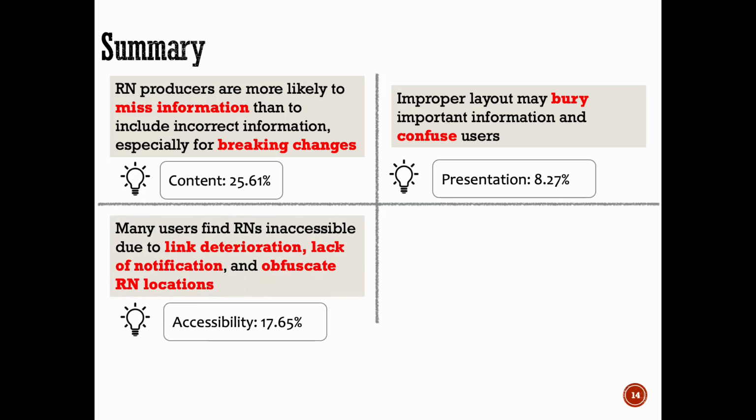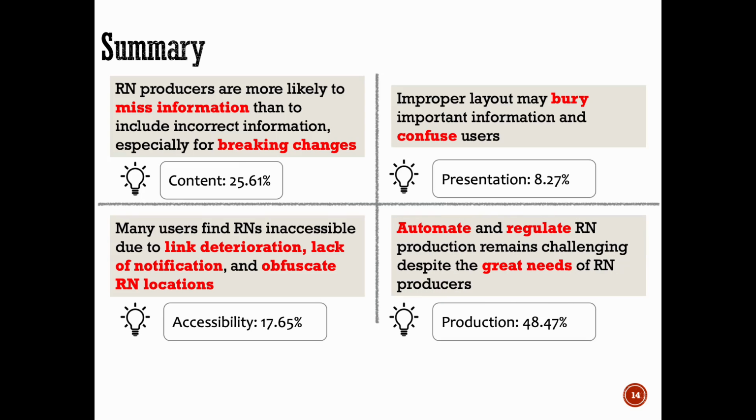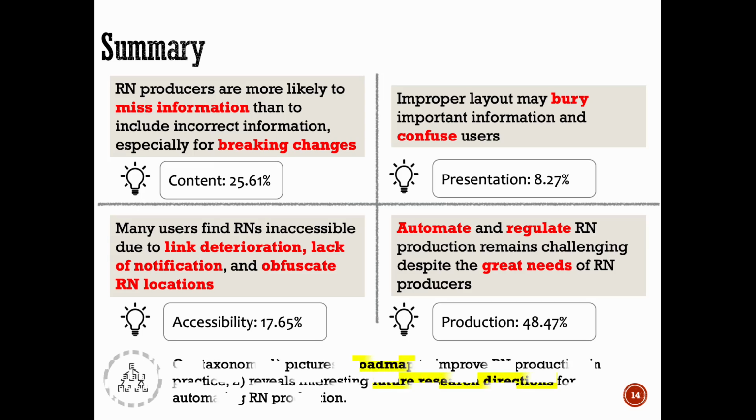Number 3, many users found release notes inaccessible due to link deterioration, lack of notification, and obscure release note locations. Number 4, automating and regulating release note production remains challenging, despite the greatness of release note producers.